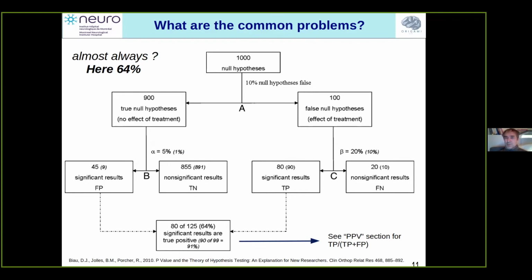The "almost always" here, in that scenario of 1,000 null hypotheses, a 5% type 1 error and 80% power, will be 64%. So about two-thirds of the actual detections are true, which is not a great number. It's better than nothing, but it leaves a lot of space for having detections without an actual signal.